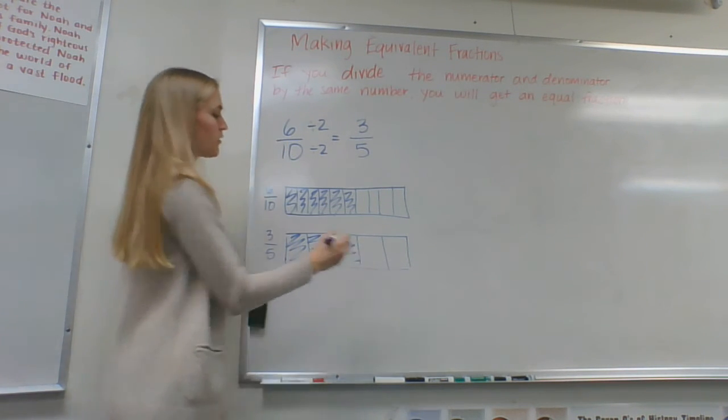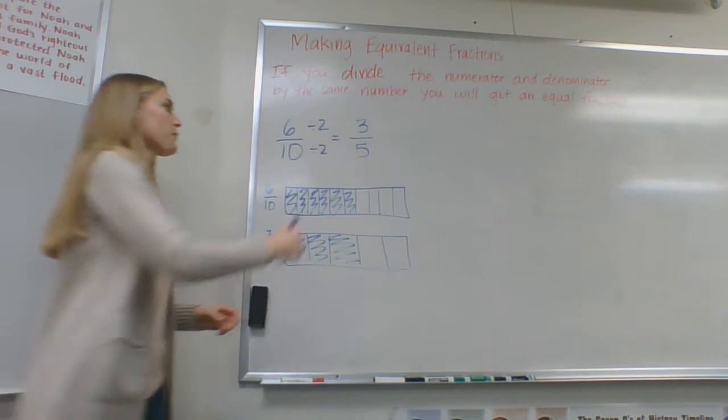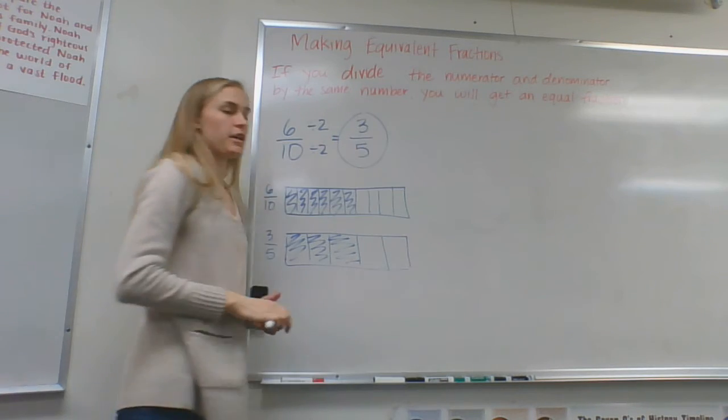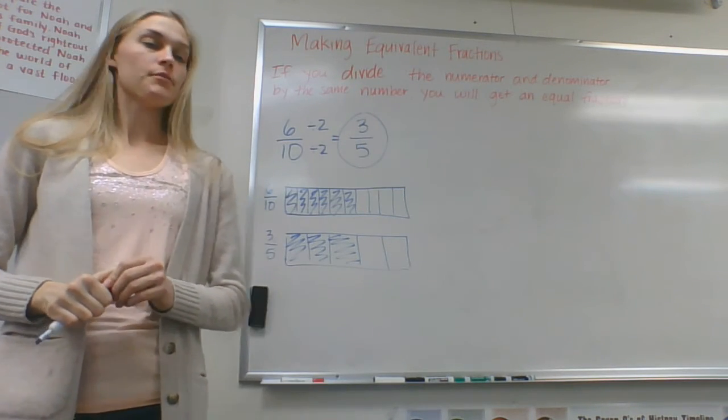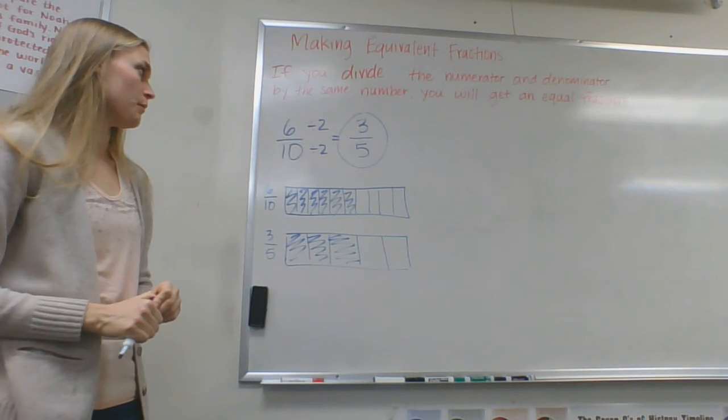You can see that they're equal, there's different numbers. And so 3/5 would be what I'd want your answer to be, because it is in simplest form. You cannot divide the 3 and the 5 again with the same number.